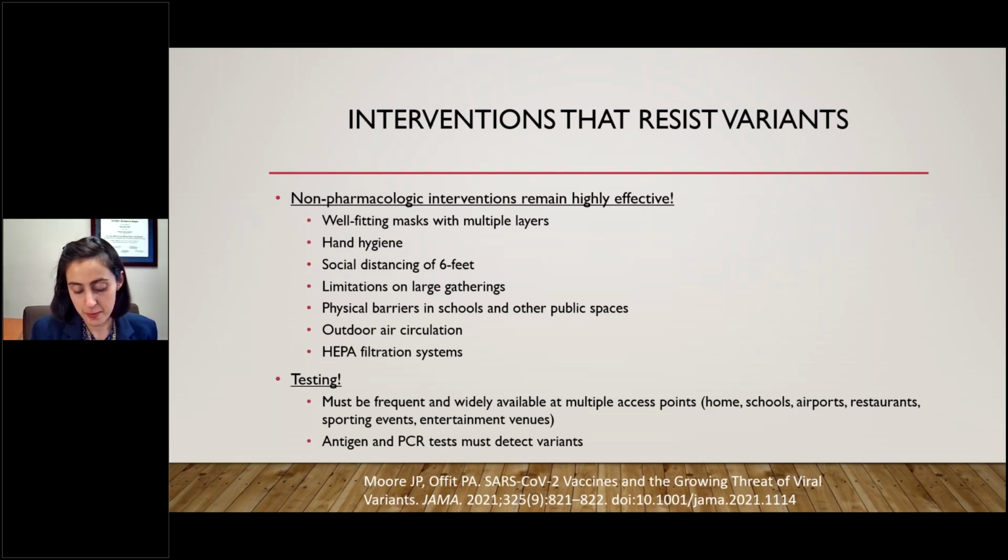So masks, social distancing, physical barriers, all of these so-called public health measures, they don't give a lick about variants. They don't know which person is infected with the variant and which person is infected with a so-called wild type virus. They work regardless.